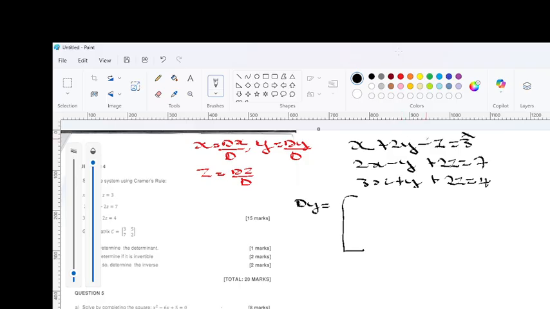We concentrate with the coefficient of z first, then the coefficient of the answers that we have there, as well as our x part. Our x part, we have 1, 2, and 3, since we have left out our y. So we're going to move with the coefficient of x there, which is 1, 2, and 3. Then our y coefficients have been left out, because this is what we're supposed to find there.